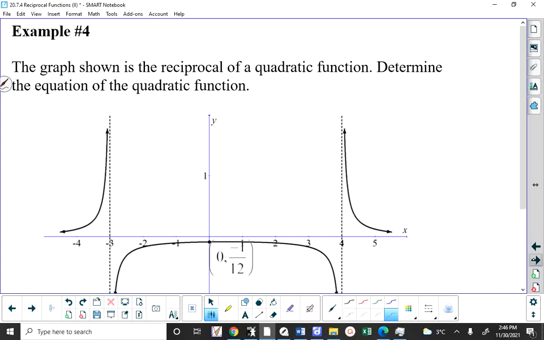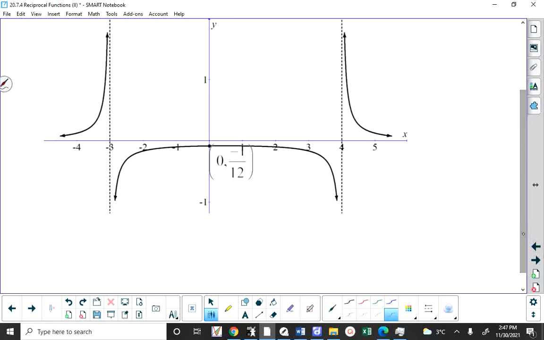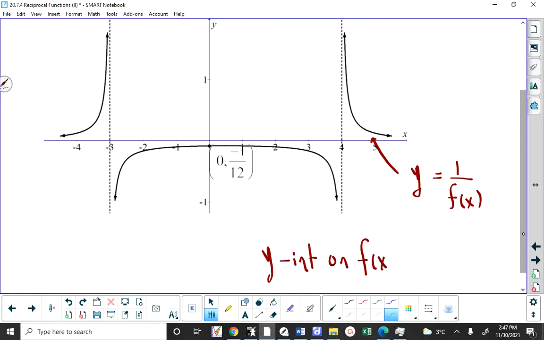So this is a really simple kind of question, actually. Since there's an asymptote on the reciprocal, this is y equals 1 over f of x. Since there's a y-intercept on the reciprocal of negative 1 over 12, the y-intercept on f of x, the original, has to be at 0, negative 12.